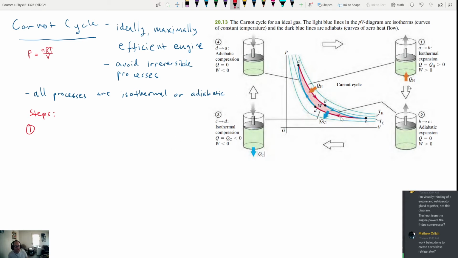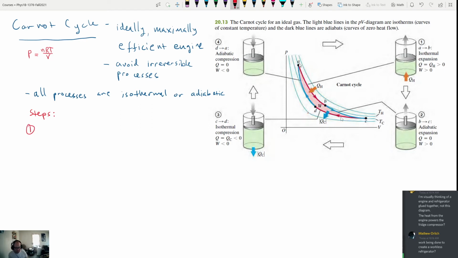All right, so we have this gas in the process A to B. So that's the process along this line here, AB. We have isothermal expansion. In this expansion, Q is equal to QH, so the heat that's coming in is greater than 0 and work is done by the system. So the volume increases.